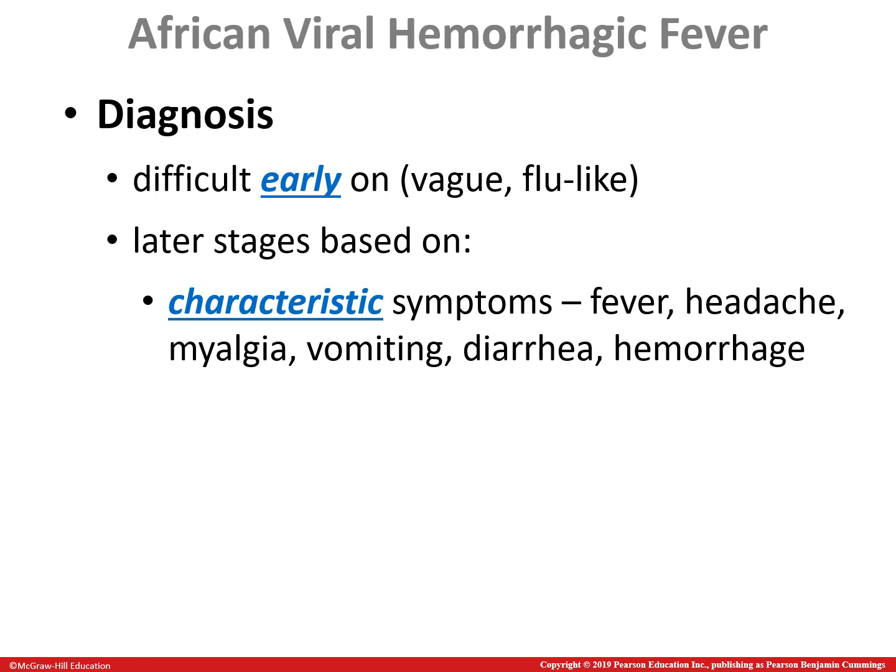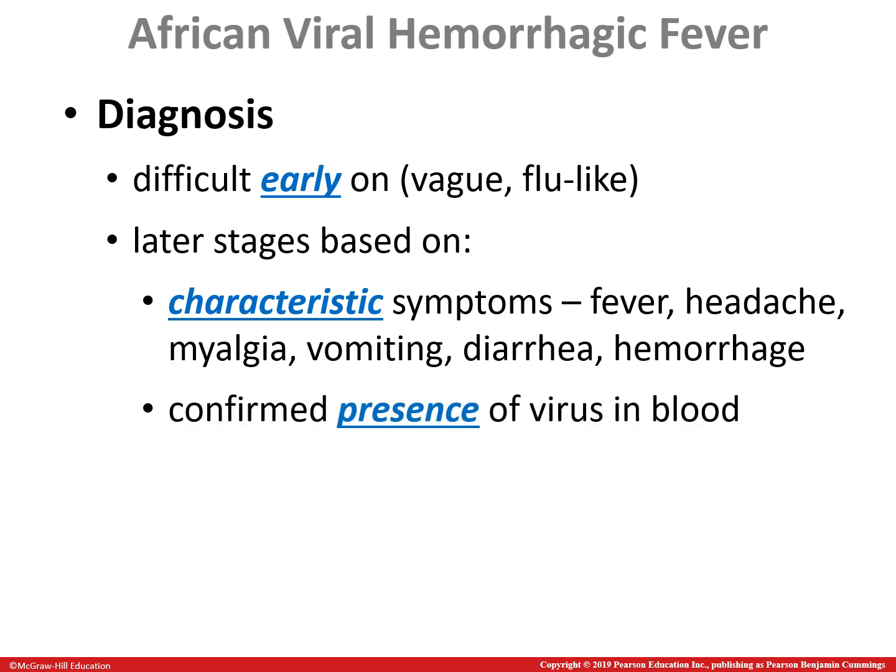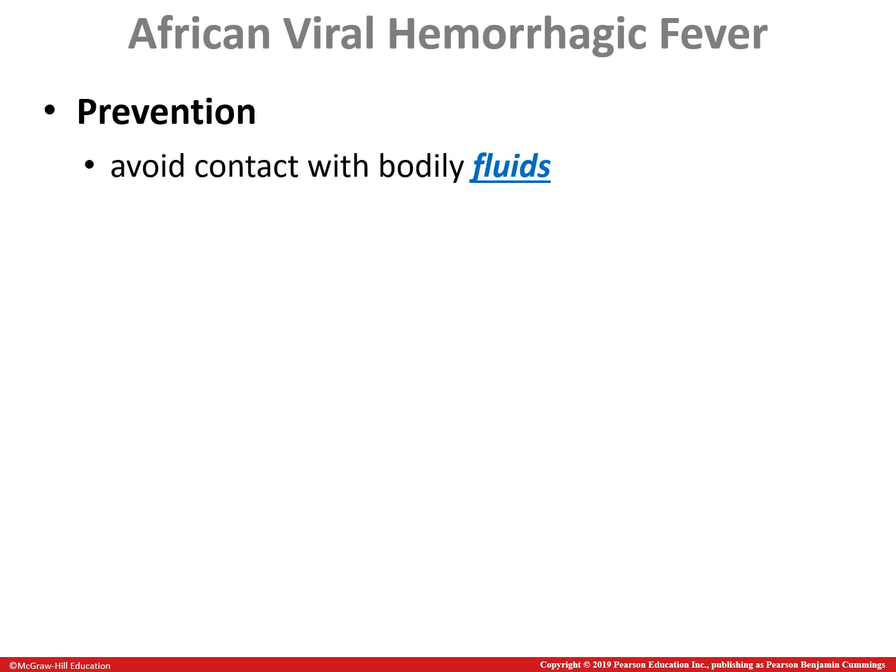And so if you know you're in an endemic area, you know you've had contact, that's the best way to be able to diagnose it earlier when they have outbreaks, unfortunately. But they can confirm the presence of the virus in the blood if they go and look for it. Having an active patient contact history is really key to stemming the tide when there is an outbreak.